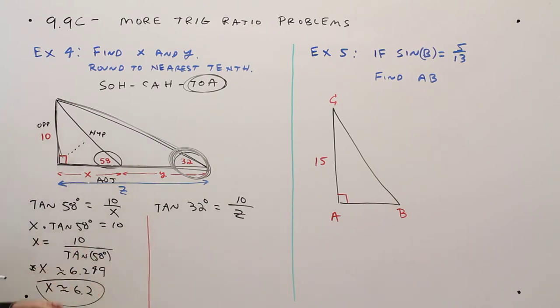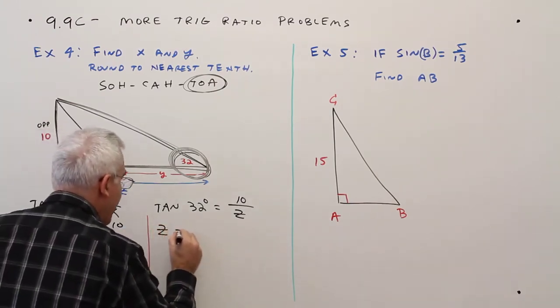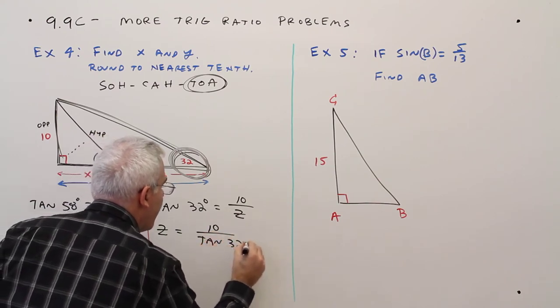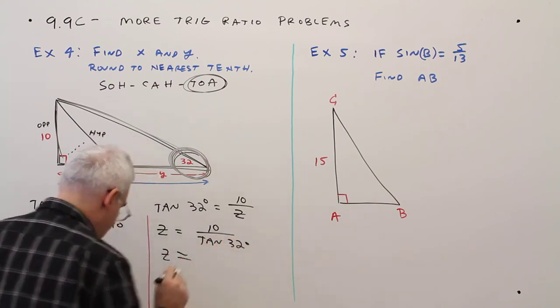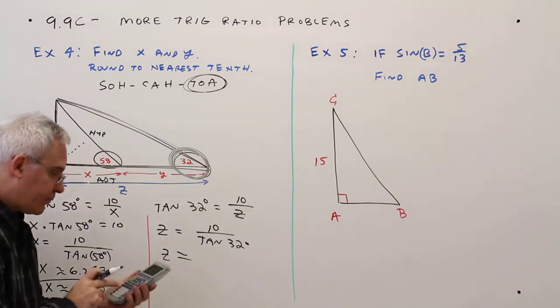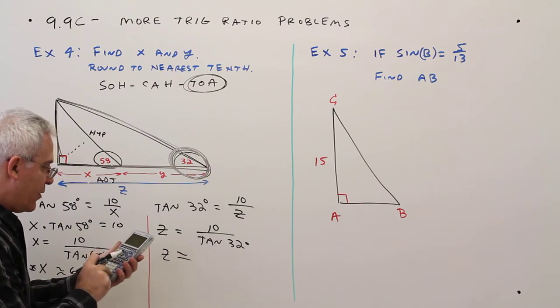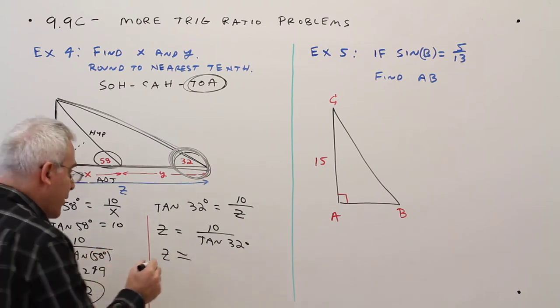So again, just like I did before, z will end up being 10 over the tangent of 32 degrees. z will be about 10 divided by tangent of 32, 16.00.